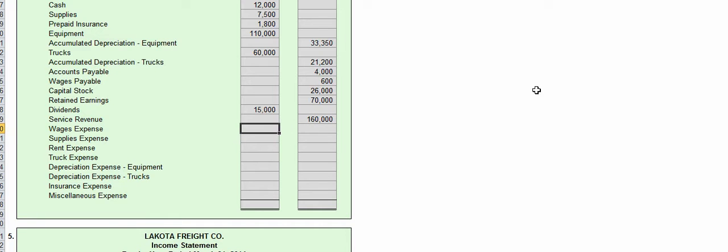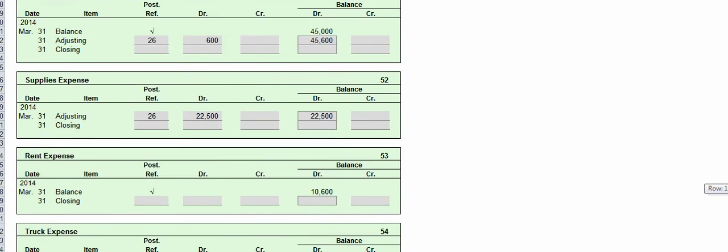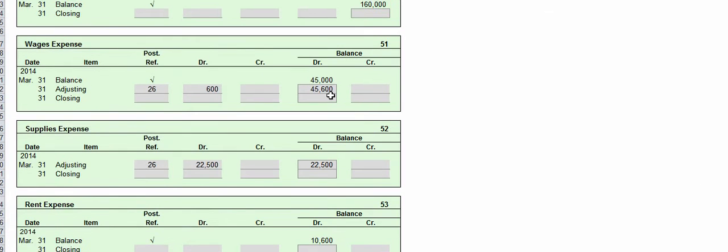Now we'll just pick up our expenses. They'll all have debit balances. Let's go for wages expense and supplies expense. Wages expense is $45,600. Supplies expense $22,500.